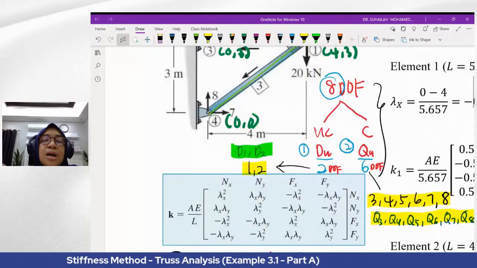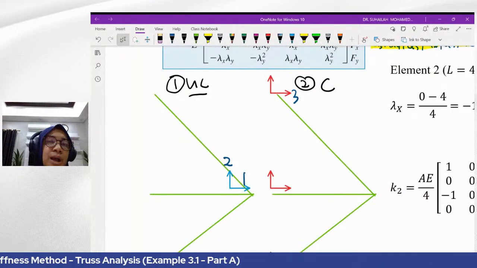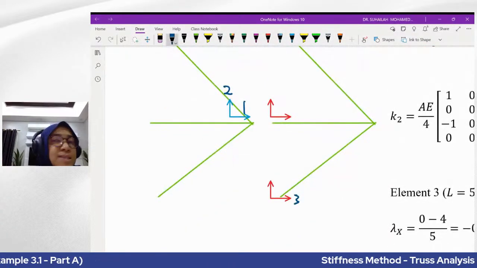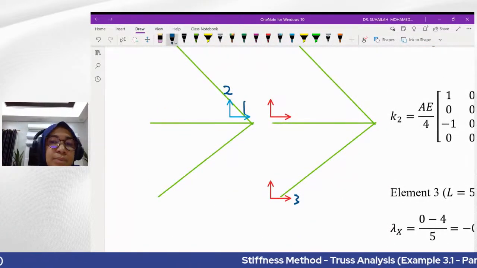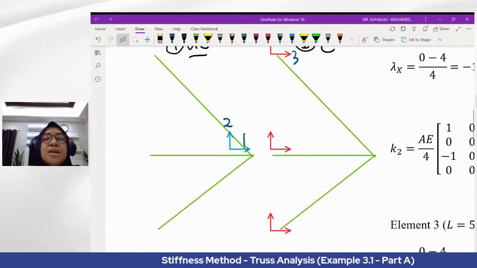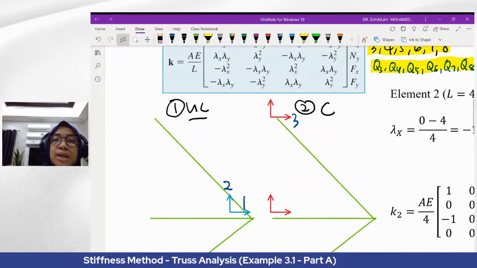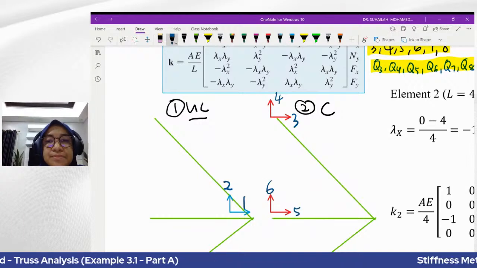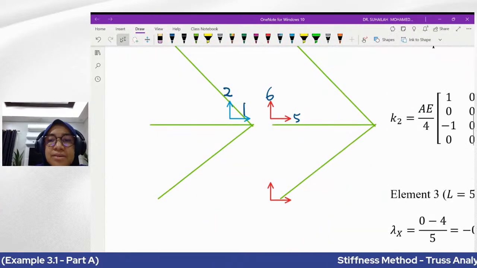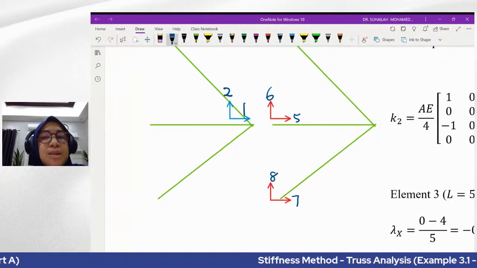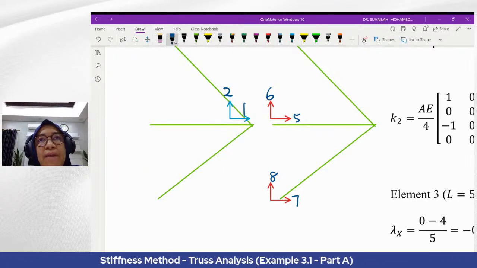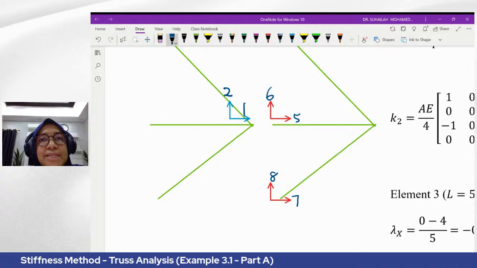Actually, you may label in a different way. Maybe you want to put your 3 here, it doesn't matter because it is just the position. So this is 3, 4, 5, 6, 7, 8.